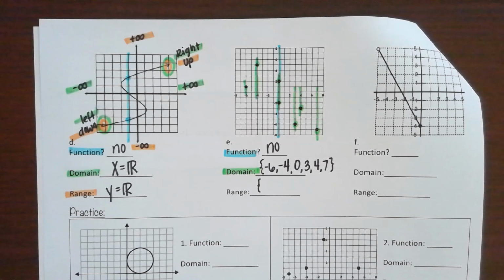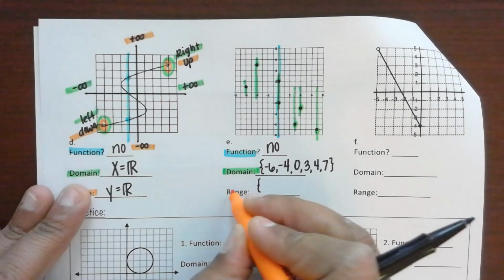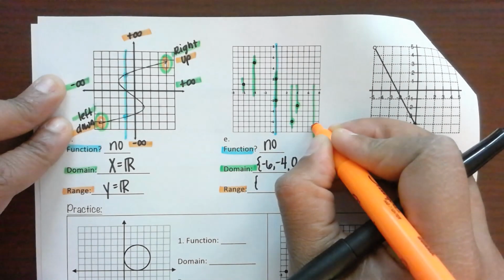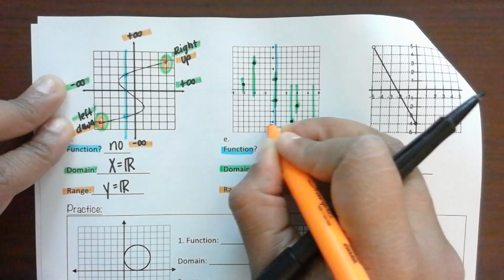So if I'm looking at range, where am I starting? Down, we call it the bottom of the graph. There we go. That way you have a visual of where you're going, right? So bottom-most value is what? -7, because that's between -8 and -6.